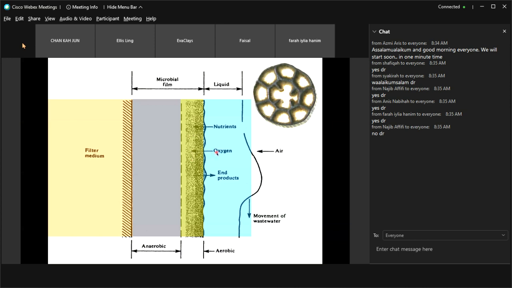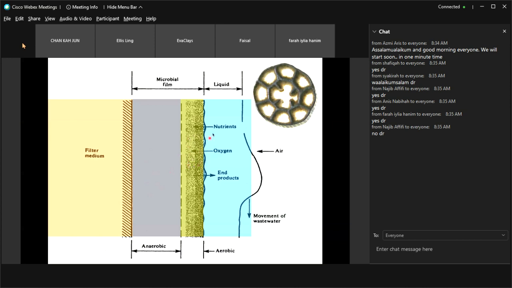The oxygen will penetrate the biofilm, and as it penetrates the biofilm, it will be consumed by the microorganism that live on the surface or at the outer side of this biofilm. So as the gas passes into the inner side, there will be less oxygen and eventually no more oxygen. So later on, this part of the biofilm will become anaerobic, and the outer part will become aerobic.